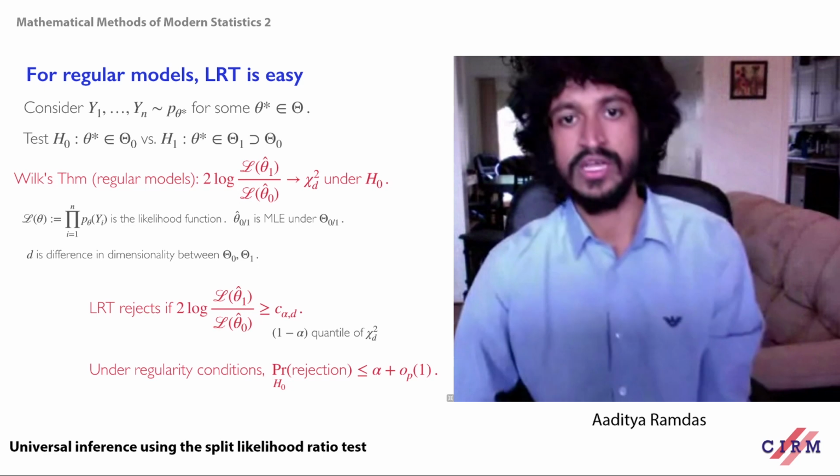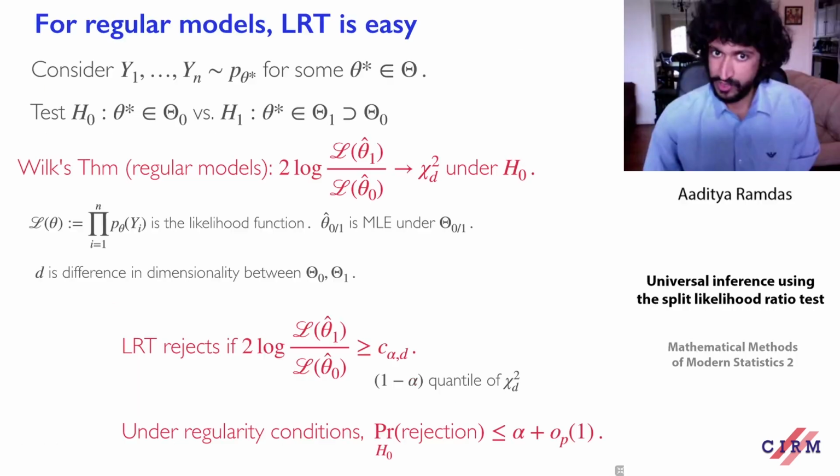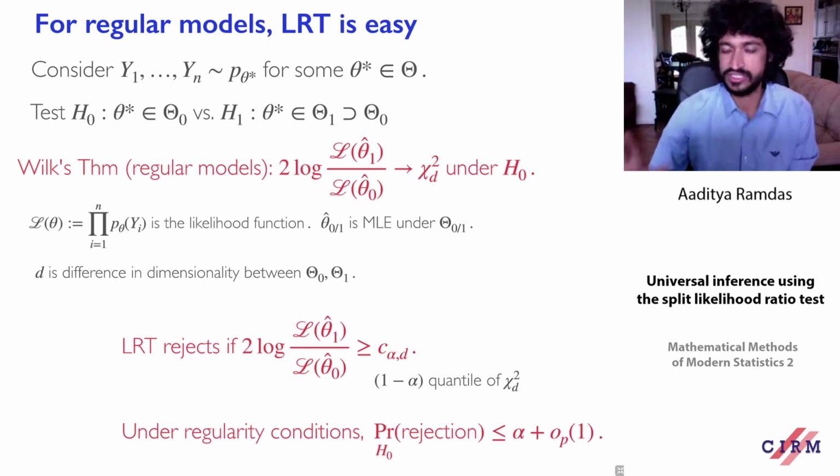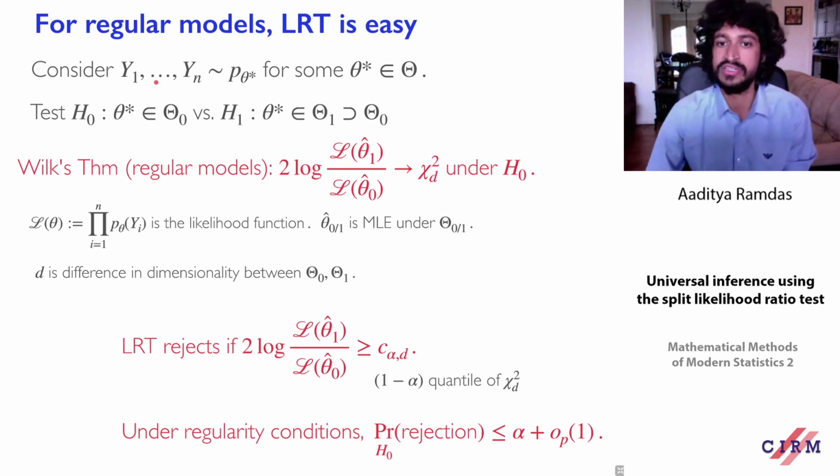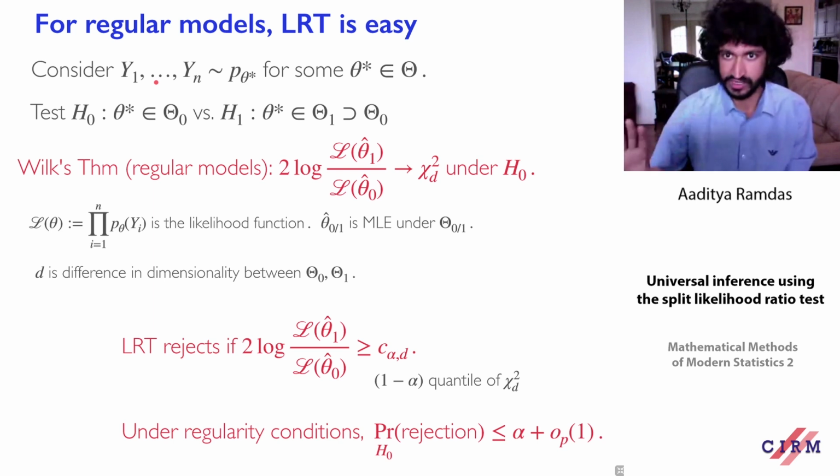Okay, so let's get started with the first part, where I just explain what the split LRT is. As a quick recap, for regular models, the likelihood ratio test is easy. This is just so that we're on the same page with notation. Assume that the data y1 to yn is drawn from some distribution with a density p theta star, where theta star will be the ground truth for most of this talk, for some theta star in a pre-specified set script theta.